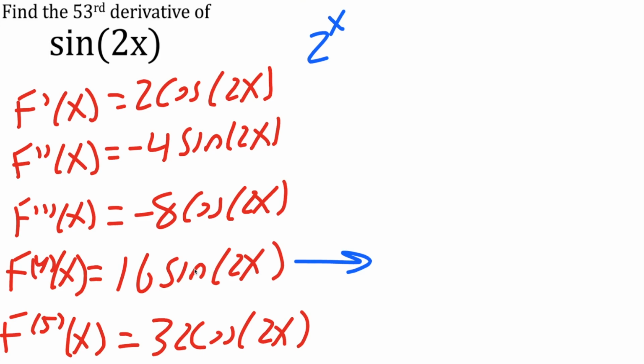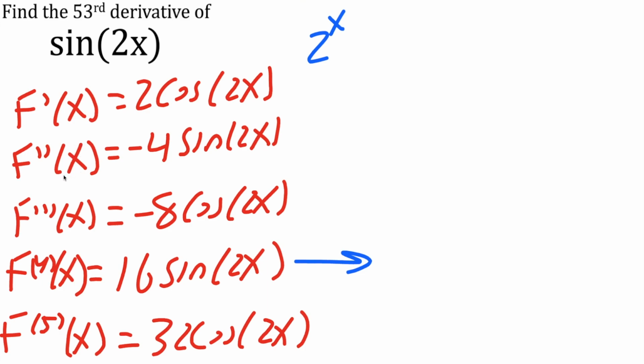This is going to be handy for the 53rd derivative. Also, the first and third derivatives were cosine, and the second and fourth were sine. So all the odd derivatives are cosine and all the even derivatives are sine. 53 is odd, so we know it's going to be a cosine.